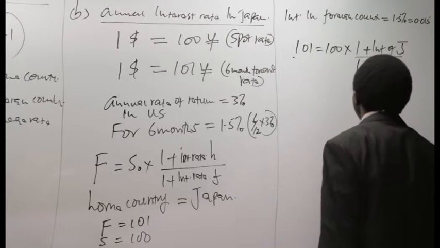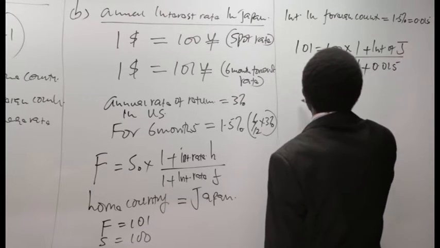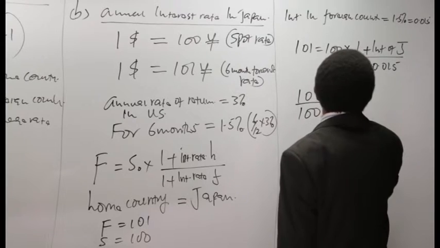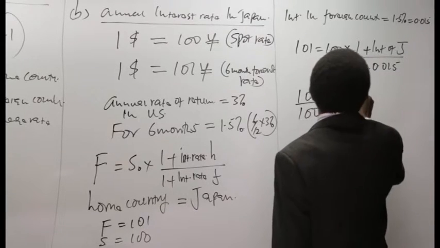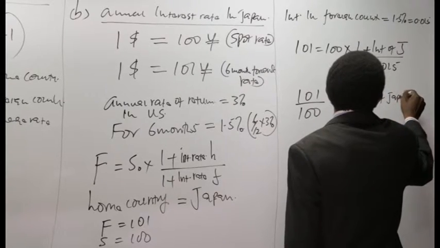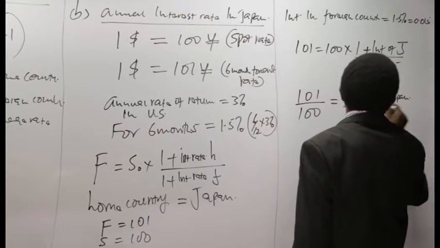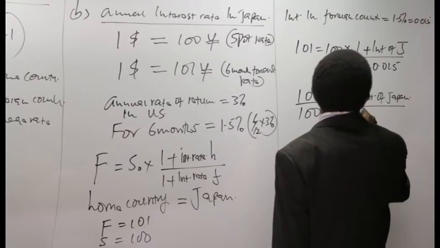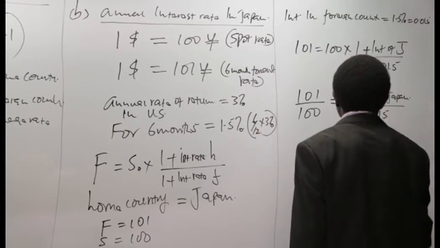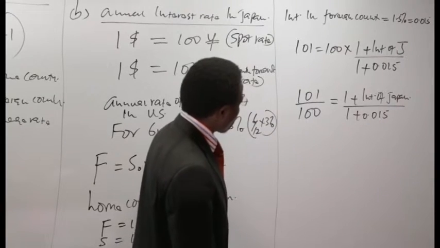So we make 1 plus the interest of Japan the subject of the formula. You come and say this is 101 over 100, which will be equal to 1 plus the interest of Japan, then you divide that by 1 plus 0.015.